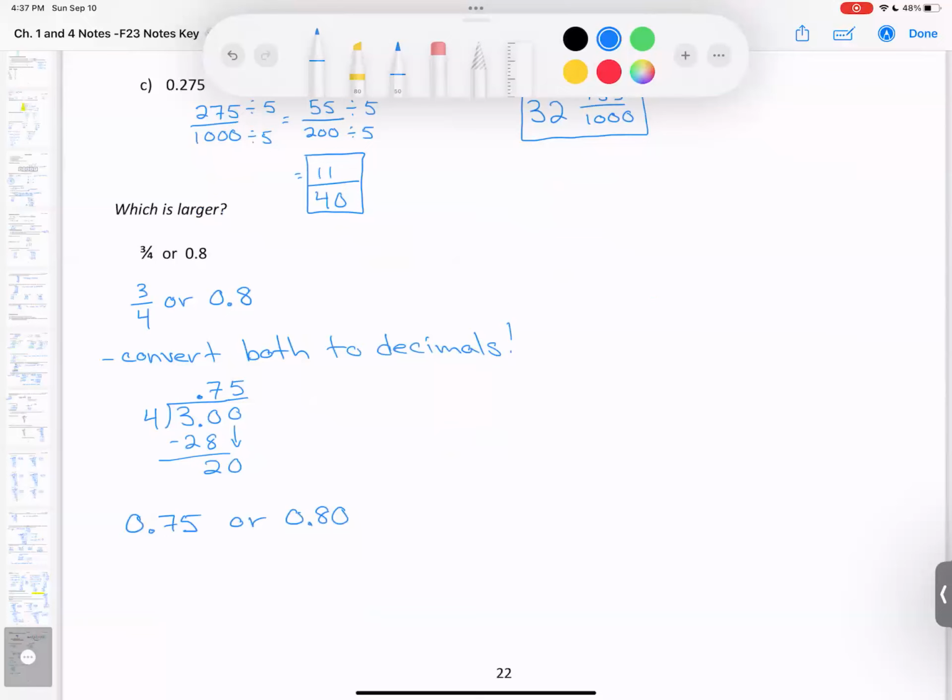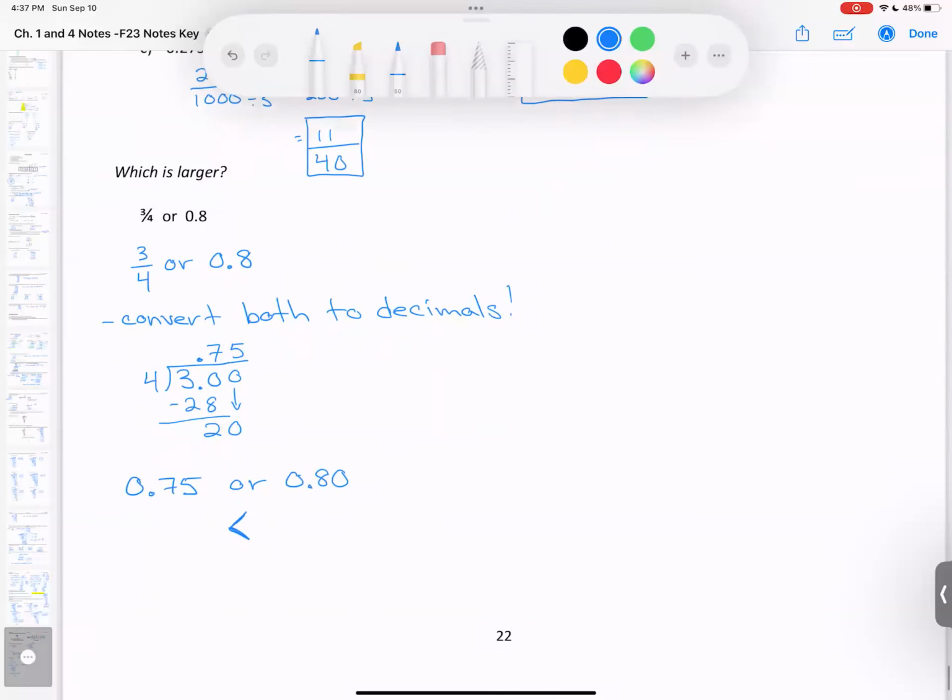So now we're looking at 75 or 80. That's going to be a less than. The question asked which is larger, so we would say 80 hundredths, or I guess we could say 8/10 is the larger number, just because 8/10 was in the original question. It means the same thing as 80 hundredths, but we'll write it this way. And that is the end of chapter 4.